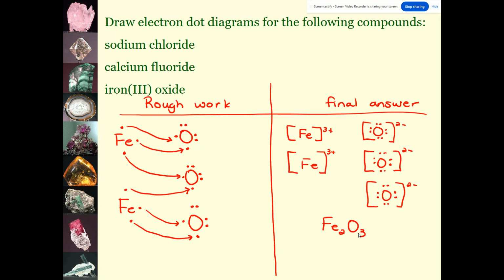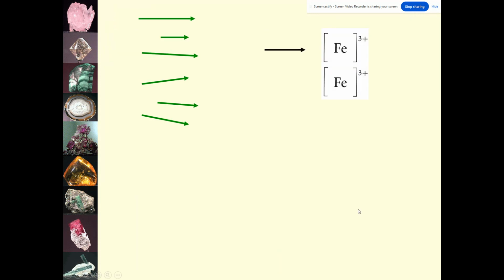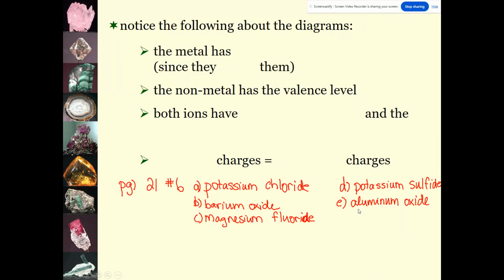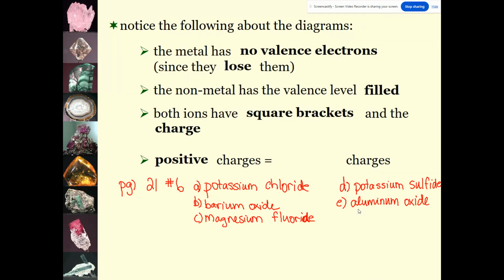Now just a summary here. The metal is going to always have no electrons around them when they form an ion. The metal ion, or the cation, will have no electrons, so no dots. The nonmetal will have a full 8 dots.